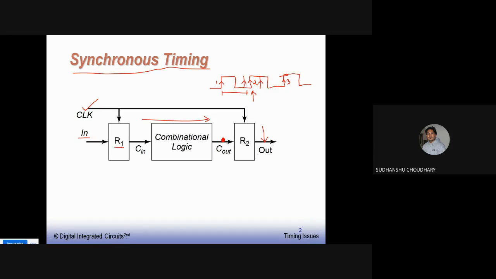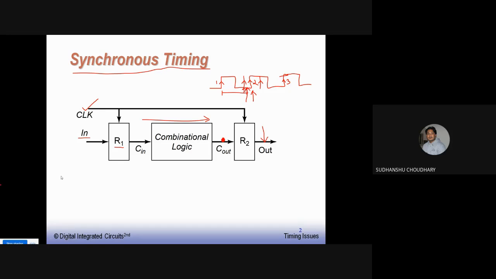If it arrives early, and the combinational logic block has not finished processing, the final data is not available at this point. Whatever data is available at that moment, this combinational logic will keep on producing data continuously, but the final value is not available until this point, which is actually the propagation delay of this combinational logic. So before that, some intermediate data is available at this point.